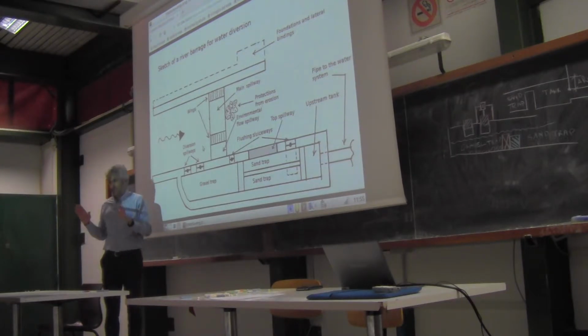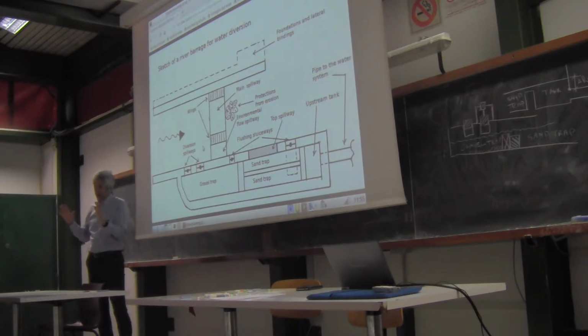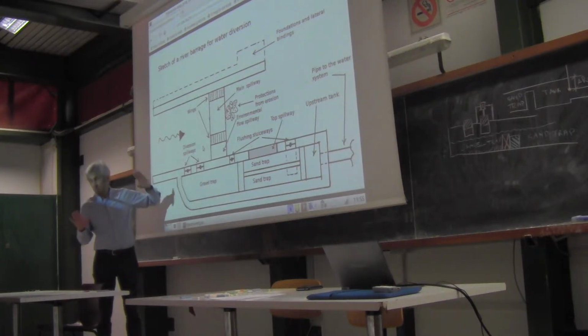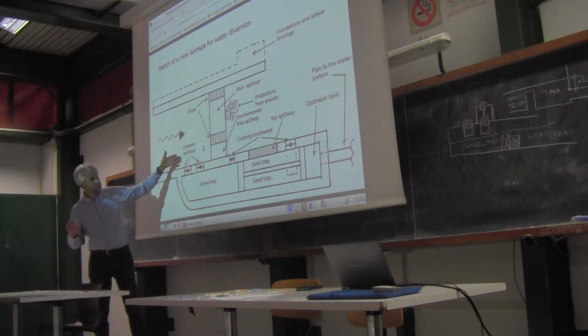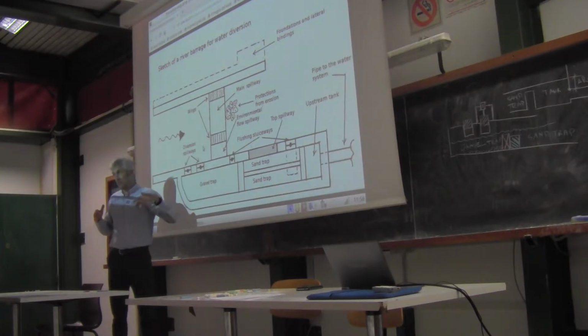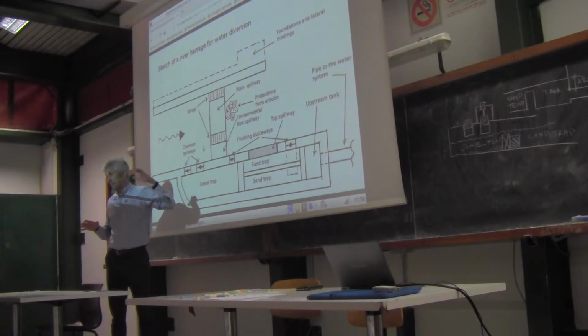Therefore, and I will repeat this, the elevation of the diversion spillway should be the elevation of the water level which guarantees that through the environmental flow spillway I have precisely the environmental flow.